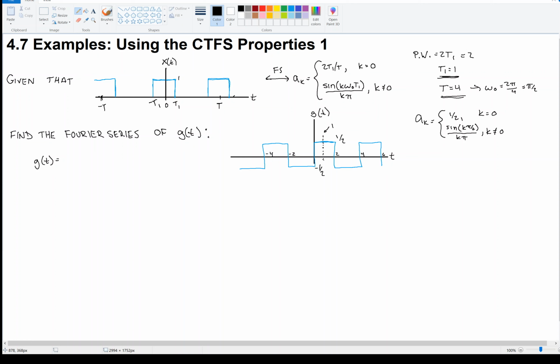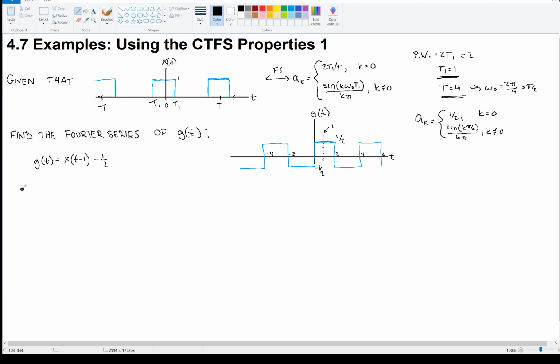So if we take x of t and delay it by 1 unit, imagine this square wave getting shifted to the right by 1 unit, and then we also have to shift it down by 1/2. So we're going to subtract 1/2 from everything, so that the high level is not 1 anymore, it's 1/2, and the low level is not 0 anymore, it's negative 1/2. So this is how g is related to x. G of t is x of t minus 1 minus 1/2.